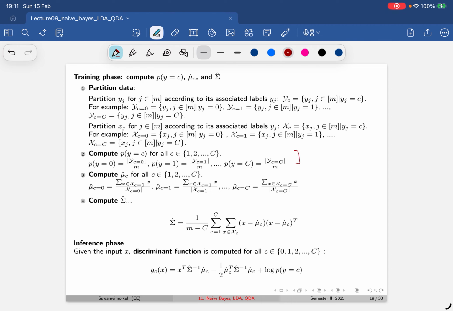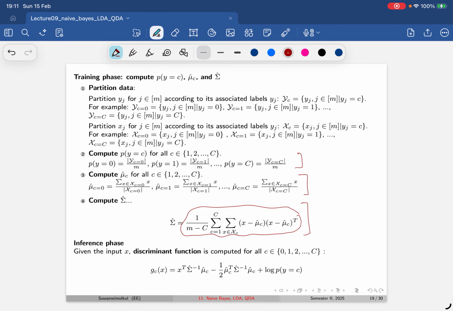Actually, it's this one. The first thing is to compute the mu, the means for the input features of each class, and also here they compute the prior, given that the prior is like a Bernoulli, and finally they compute the variance this way.